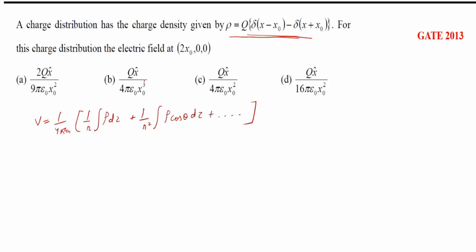So integration will be easy, right? So now let us try to find this rho d tau. If I substitute, then it will be q times the Dirac delta function of x minus x naught minus delta x plus x naught d tau. Yes or no?